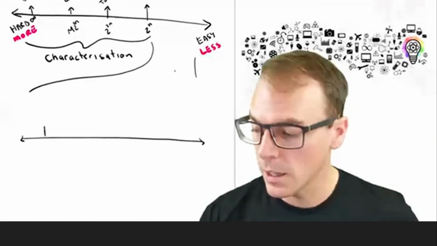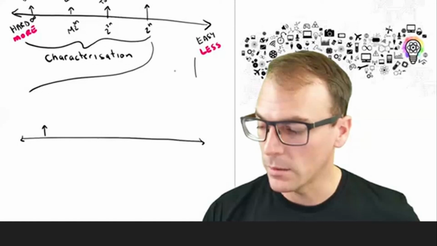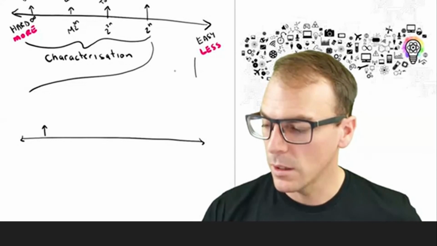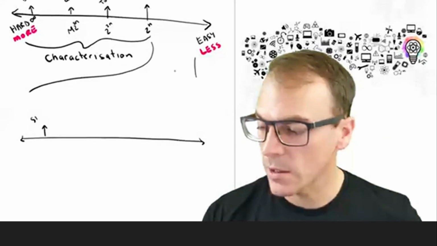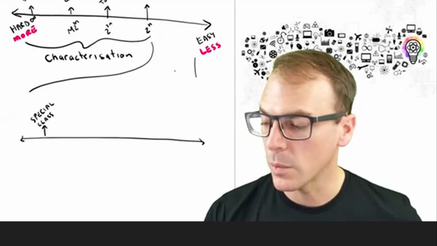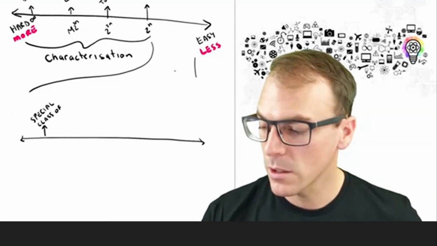So we might say that we have some special class of states. I was trying to think for a moment if you may have heard any in the previous lectures.